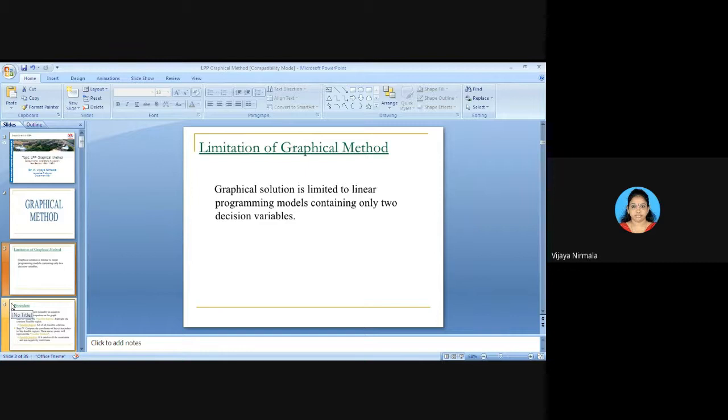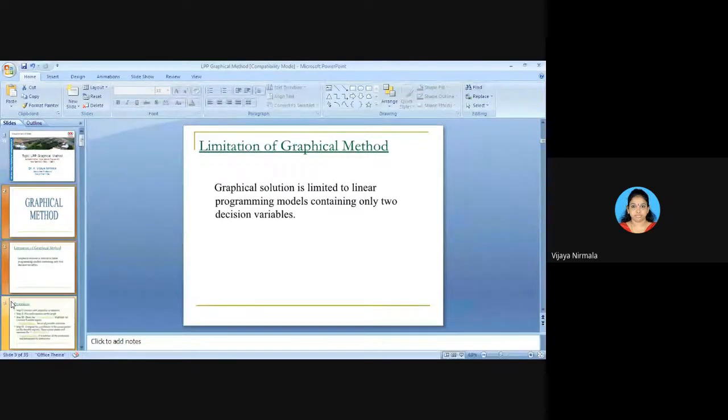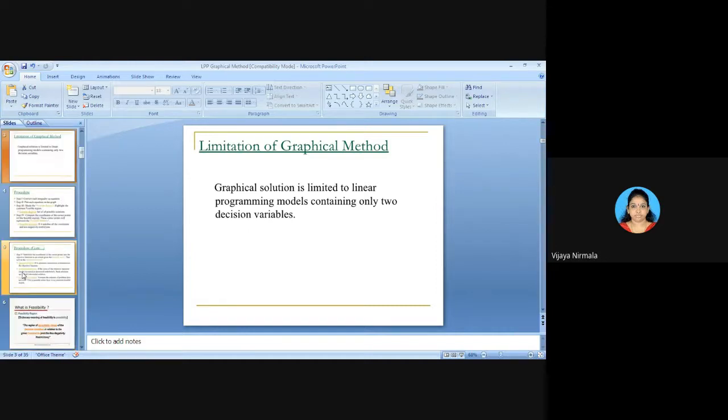In the problem, if they want to ask about the graphical method, they will ask you to solve the problem using the graphical method. That is the major limitation.